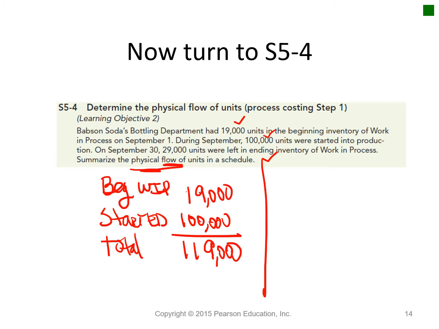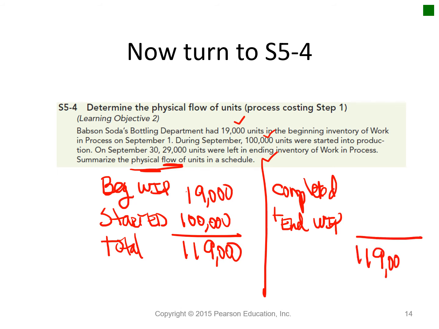Now, the other way to get it, of course, you could say, how many units did you complete plus ending work in process. You'll notice that both of these numbers should add up to 119,000. So what I like to do is copy that over, and I look at what else is given in the problem, and they tell you that on September 30th you had 29,000 units left in ending work in process.